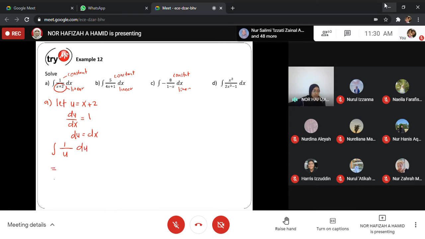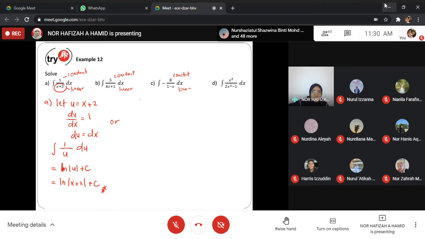So integrate 1 over u also equal to ln u plus with c. For final answer, substitute balik u with x plus 2 plus with c.